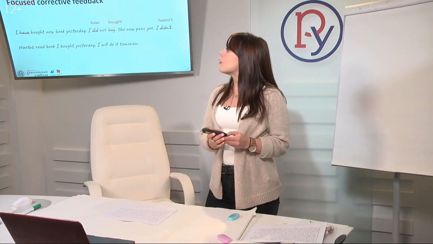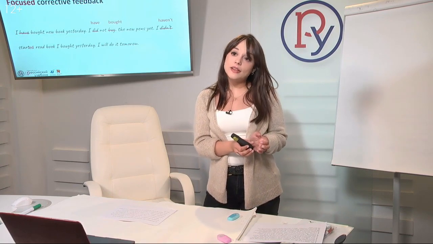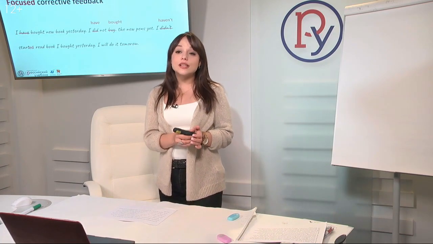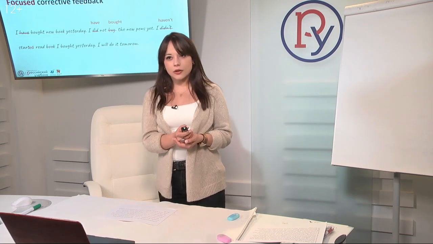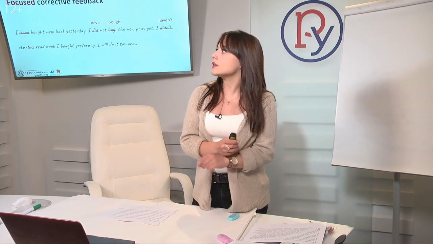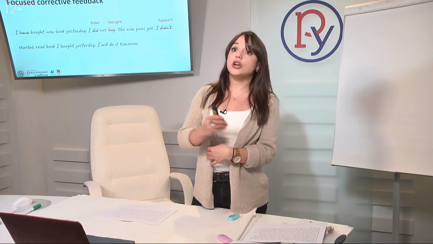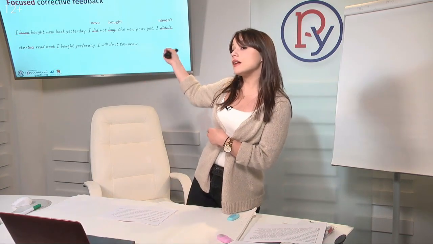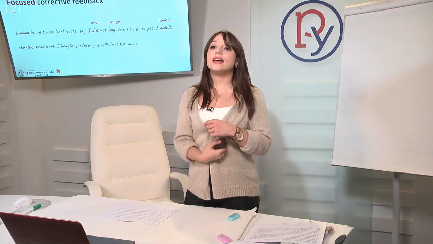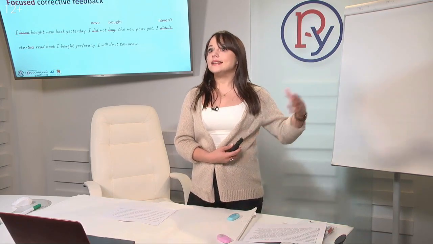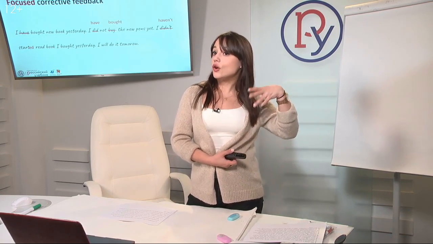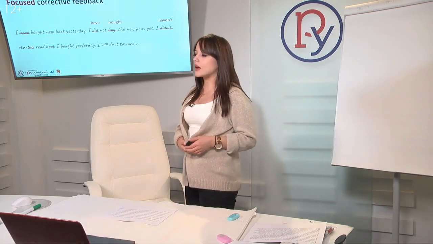So this is focused direct corrective feedback, but I might also choose indirect corrective feedback to correct some other types of mistakes, and therefore my feedback will still be focused because, let's say I chose this color of the pen and this strategy to correct these mistakes, and then I can choose another color of the pen and, let's say, indirect corrective feedback and focus on some other types of mistakes, right?